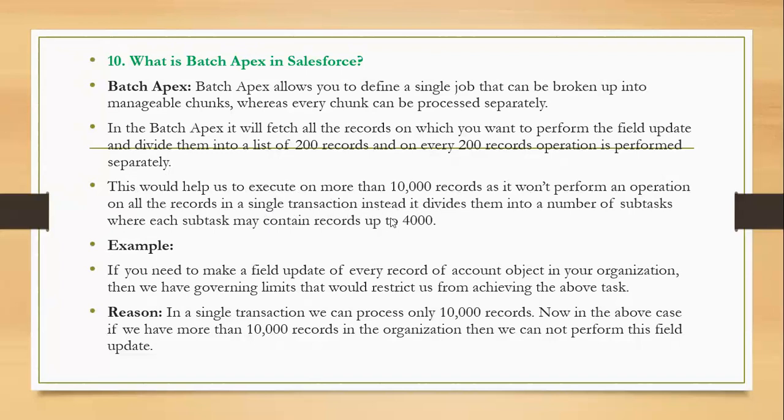The instance divides them into a number of subsets, where each subset may contain records up to 200. Example, if you need to make a field update of every record of the account object in your organization, then we have a governor limit that will restrict us from achieving the above task. The reason is that in a single transaction we can process only 10,000 records.